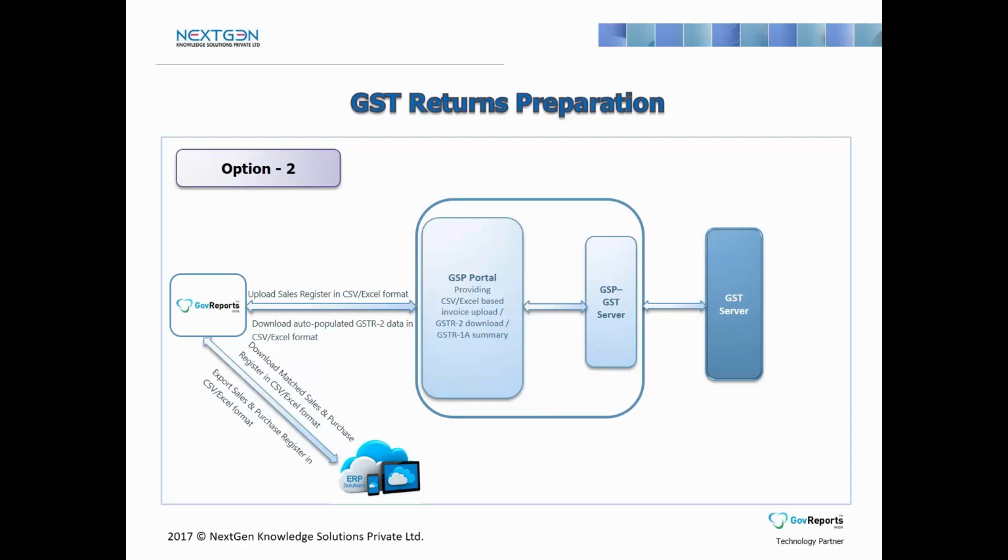Now once this invoice level data is available, then GSTR1 can be automatically prepared by the software and it can be uploaded at the portal. Similarly, for GSTR2, data can be downloaded from GST portal and then it can be matched with the invoice level data of purchase, which the compliance software has imported from Tally system. Once the reconciliation of mismatched data is over, then the reconciled data can be uploaded to GST portal.